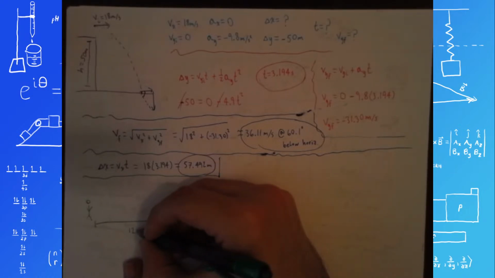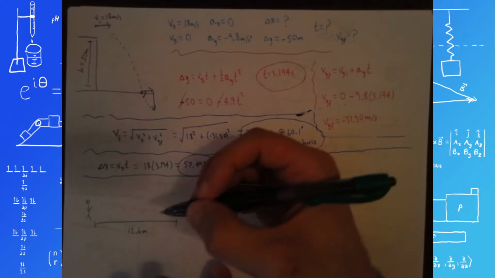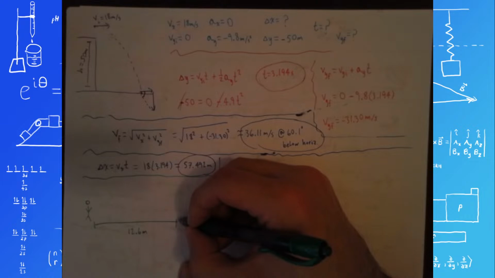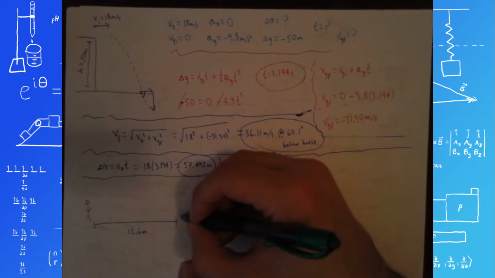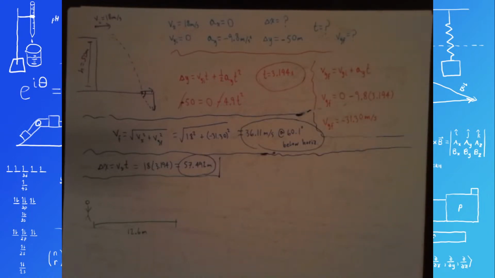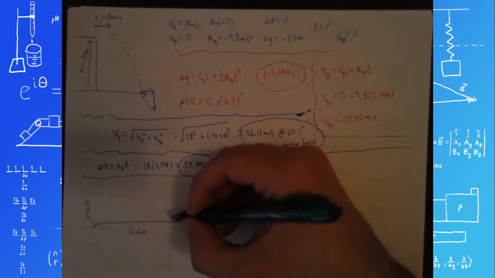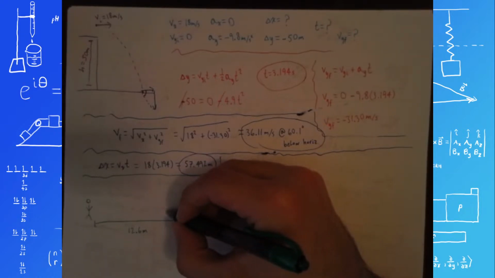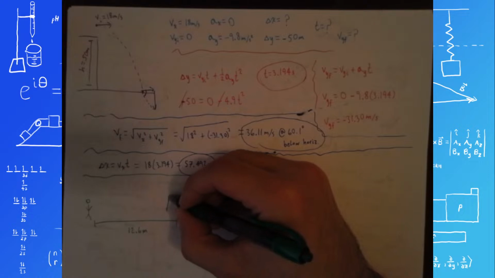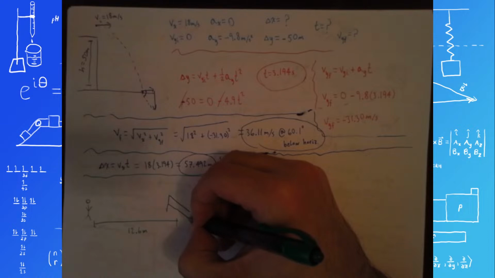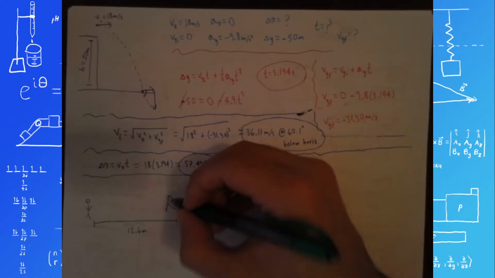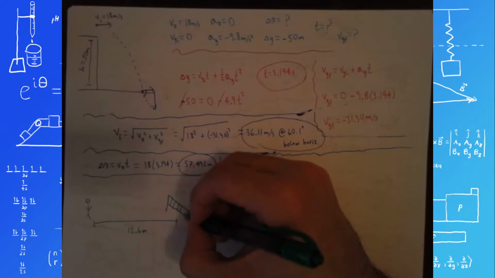This might be a little too big for 12.6 meters, but I'd rather err on the side of bigger so that I have more space to write things. A tennis player standing 12.6 meters from the net. I'll try and draw this with some 3D perspective. Hopefully that works. So yeah, there's your net.